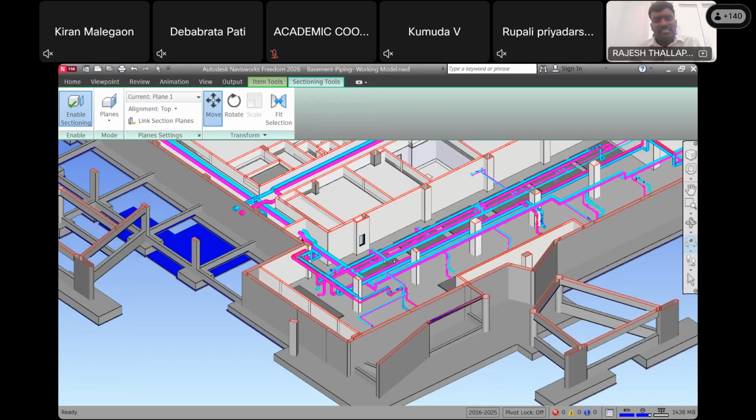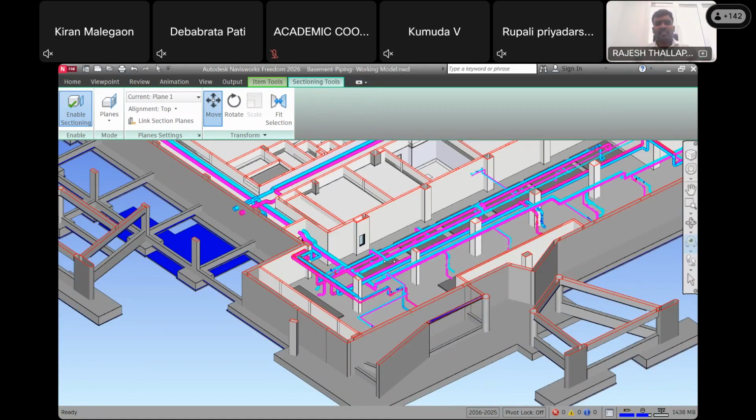These AI applications have come in such a way that you just give this model as an input and it runs the analysis, does all the clash detection, and gives you a report on which location, which size of tray or which particular element is clashing with what, and what tolerance they have.